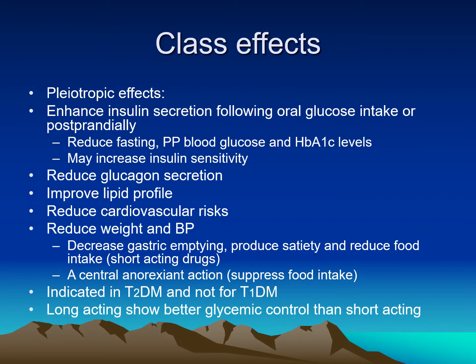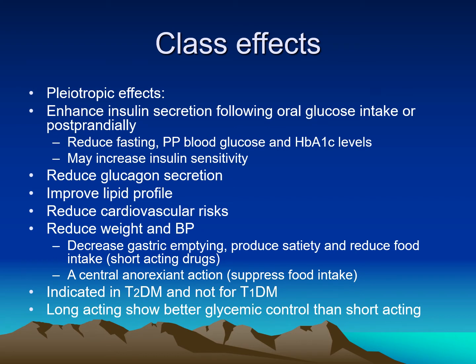Now, as a class effect, studies, multicentric studies, and meta-analytic studies have shown that incretin mimetic drugs or GLP-1 receptor agonists have pleiotropic effects. That is, the effect is not one but many effects, unrelated to each other.